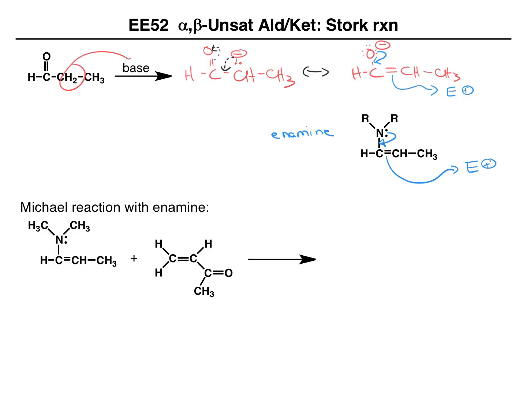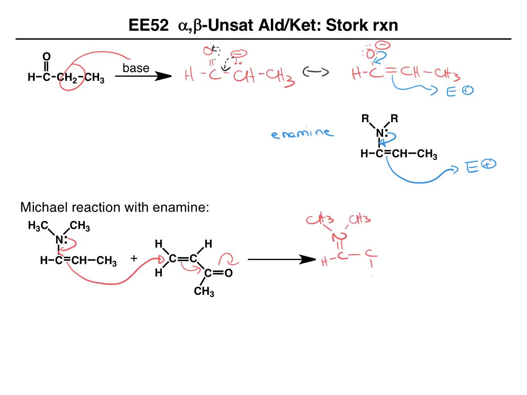So this counts as a very mild base nucleophile, and so we're going to focus on the 1,4 addition product. So the nitrogen can help to push these electrons to the 4 position, pushing these electrons here, pushing these electrons here. So that gives us our nitrogen double bonded to this carbon.